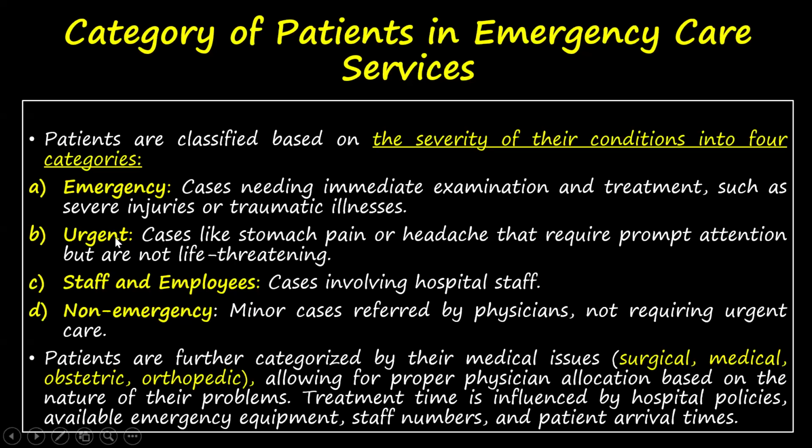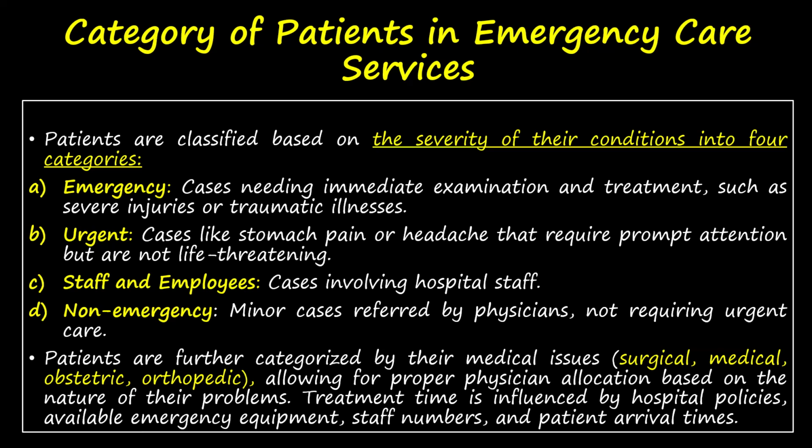Number 2, we have urgent. These are cases like stomach pain or headache that require prompt attention but are not life-threatening. Yes, they are urgent, but you're not going to die because of stomach pain or a headache, but it is still urgent. Then number 3, we normally have staff and employees, cases involving hospital staff.